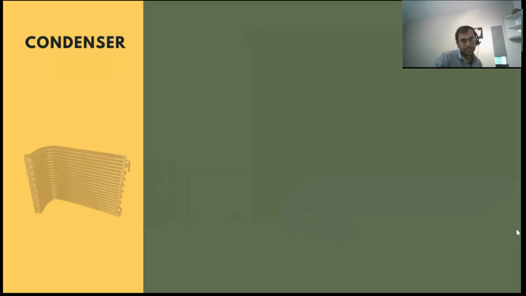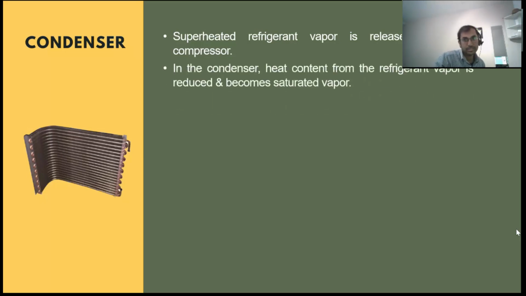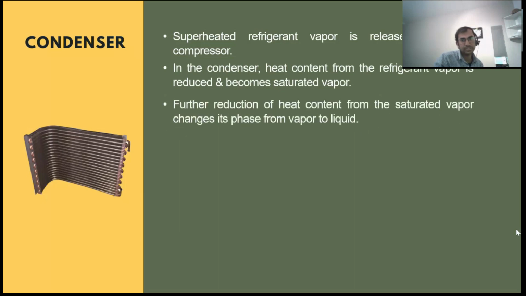So for the condenser, at a stretch, superheated refrigerant vapor is released from the compressor. Heat content from the refrigerant vapor is reduced and it becomes saturated vapor. Further reduction of heat content from the saturated vapor changes its phase from vapor to liquid.